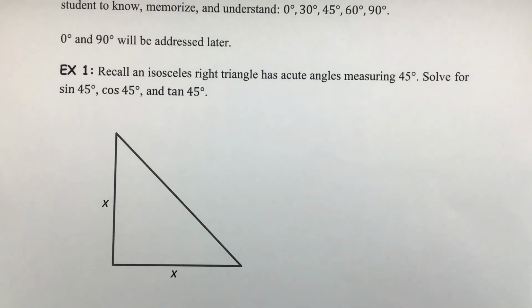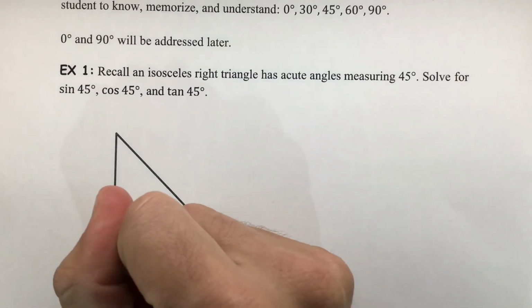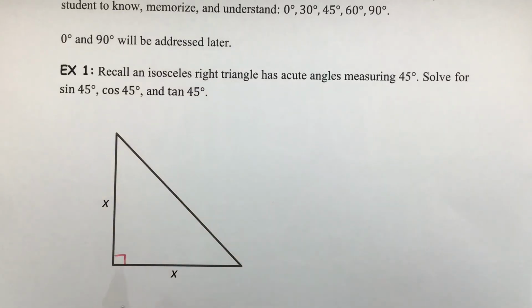In example number 1, we're going to take a look at the 45-degree angle measurement, and we're going to figure out what the sine of 45, the cosine of 45, and the tangent of 45 would be. Now, recall from geometry that an isosceles right triangle is a right triangle where the leg lengths are the same. So this is my right triangle.